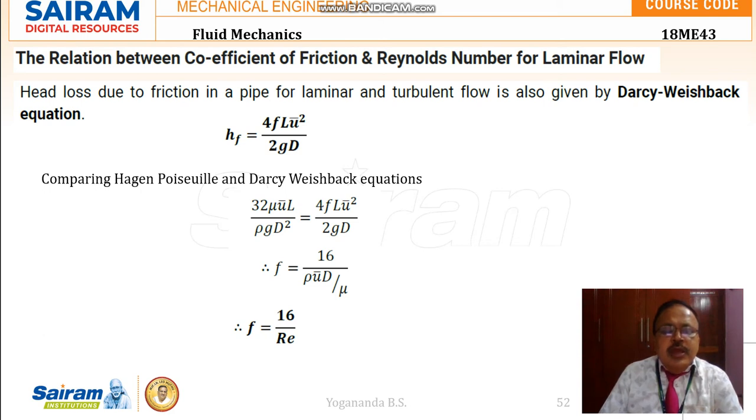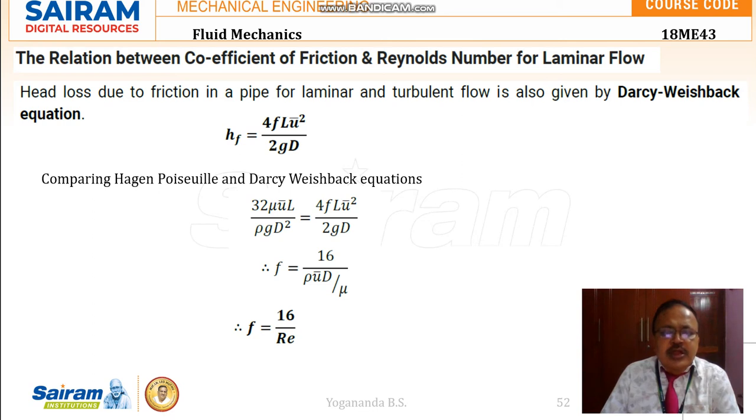Here the loss of head given by the Hagen-Poiseuille equation is 32 mu u bar L divided by rho g d square, and for the same head loss due to friction, Darcy-Weisbach gives 4fL V square, or u bar square, divided by 2gD.